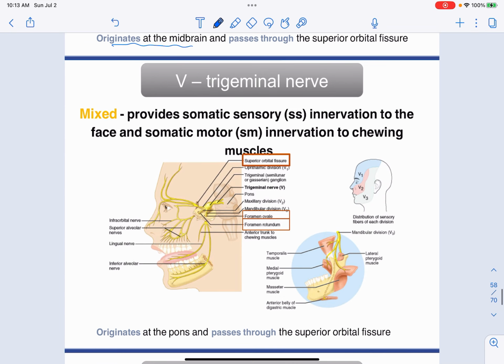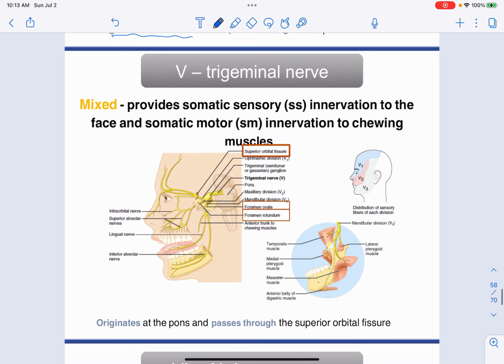The 5th cranial nerve is called the trigeminal nerve. Now this is going to be our first mixed nerve, which means it's going to have sensory and motor information. So it's going to have somatic sensory information because it's going to innervate the face.